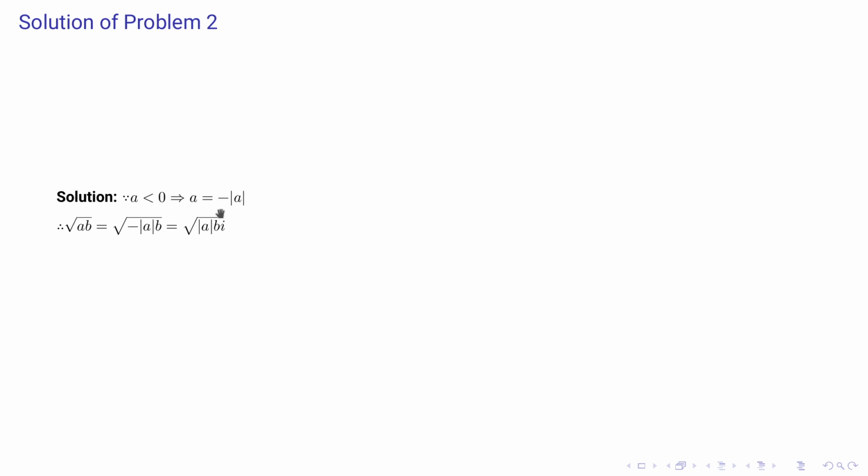So it requires the definition of modulus: mod of x is x if x is greater than 0, mod of x is equal to 0 if x is 0, but if x is less than 0, then modulus of x will be minus x. Mod x means magnitude. It does not include sign.